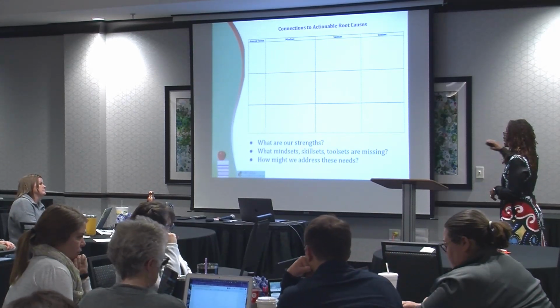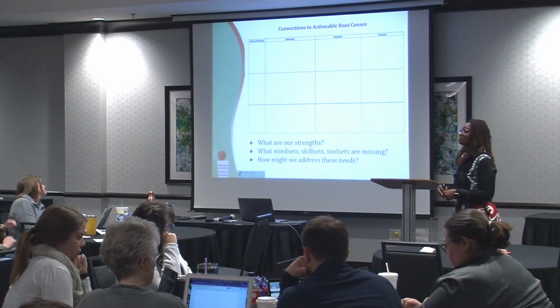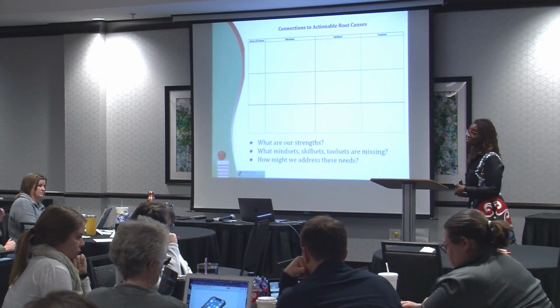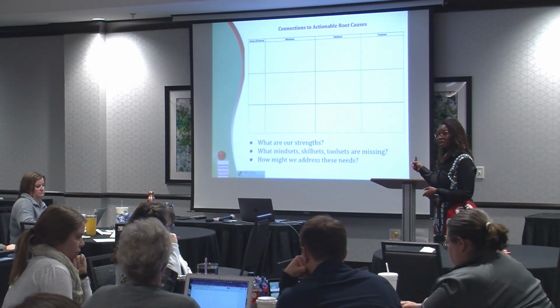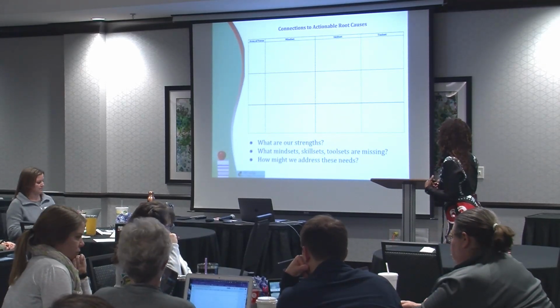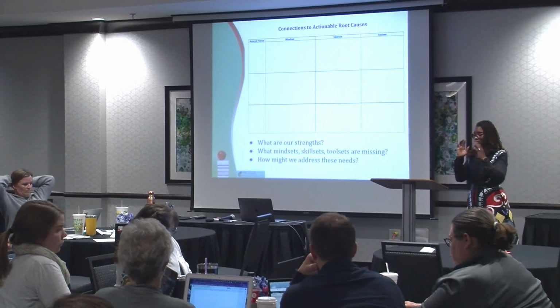You probably will have missing pieces in all 3 levels. And so now what? What might you do? What are some actionable things you can do to address those missing areas, those missing sets? Questions?